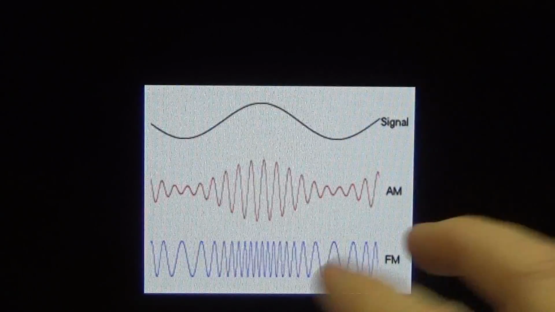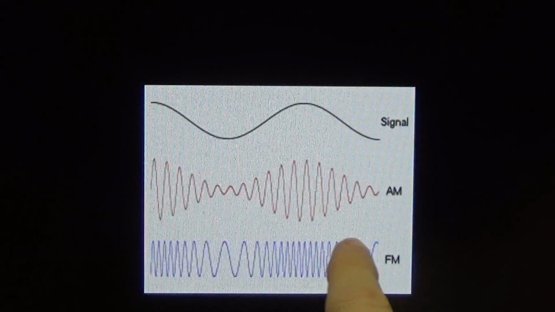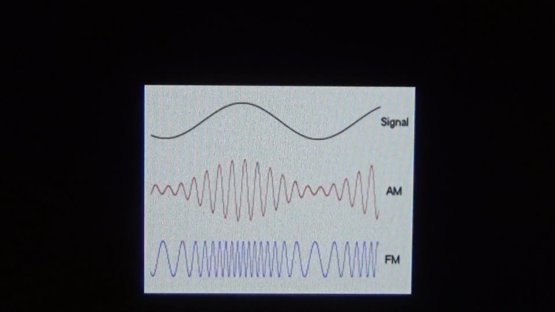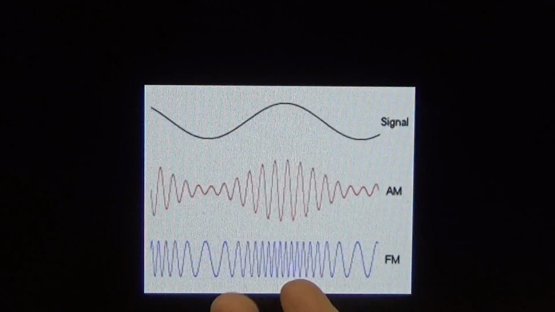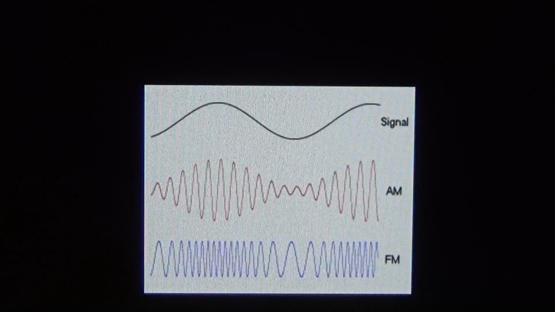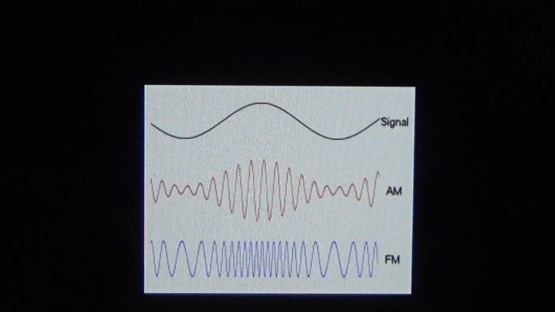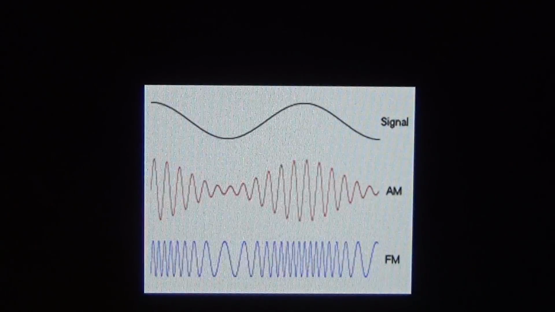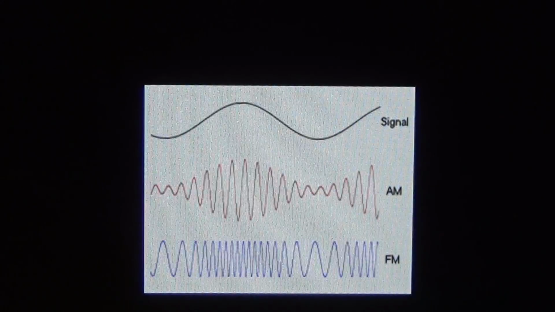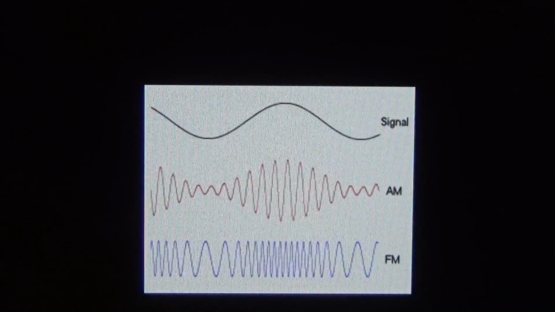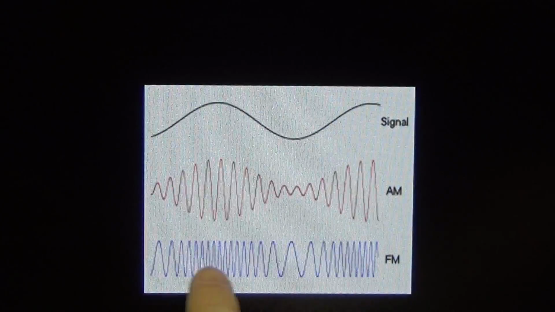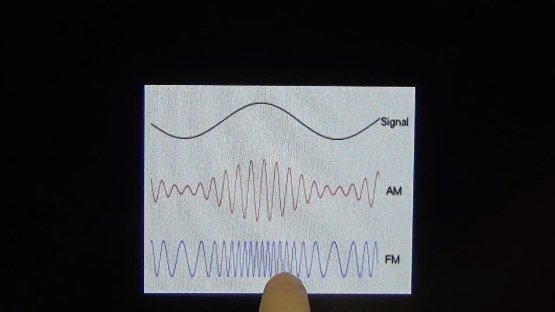And if we try to understand our FM signal, you see that we change our carrier frequency with the modulation.